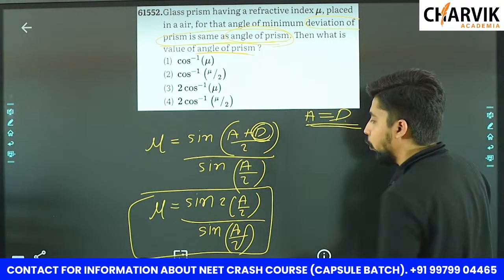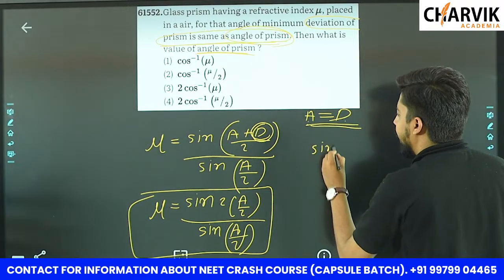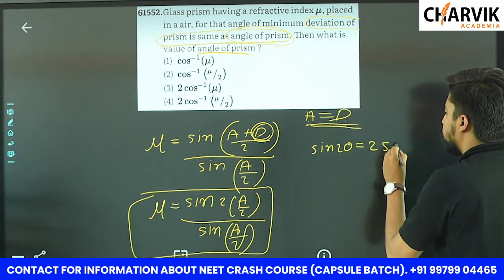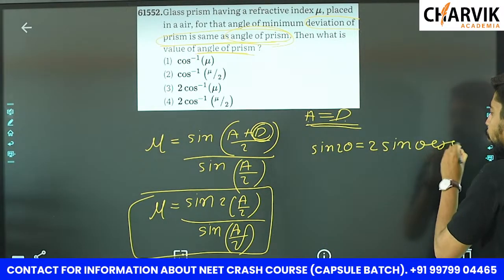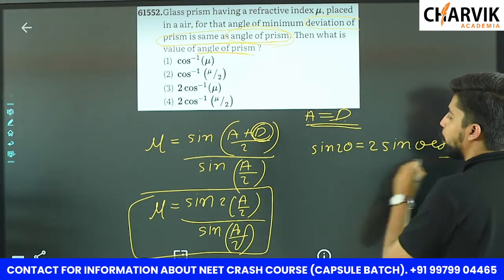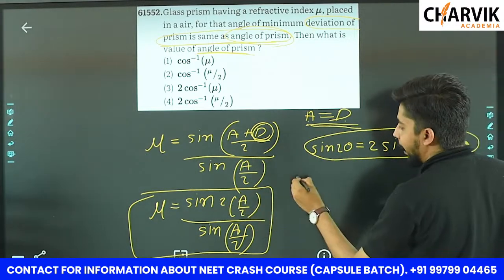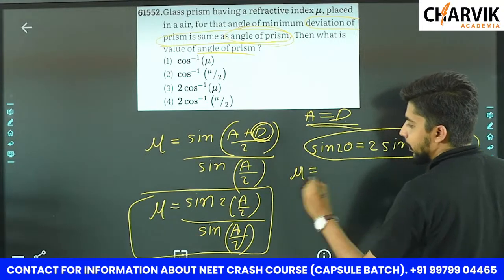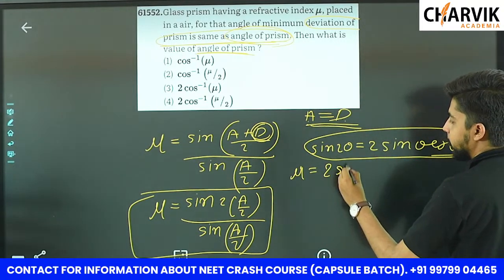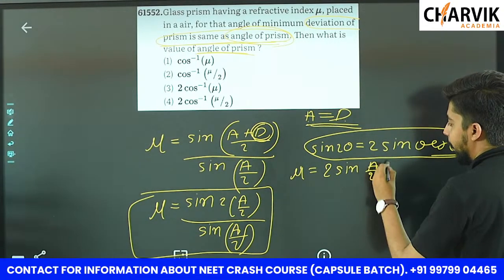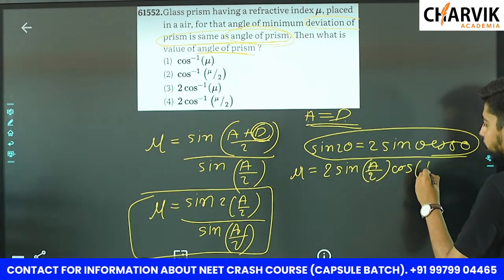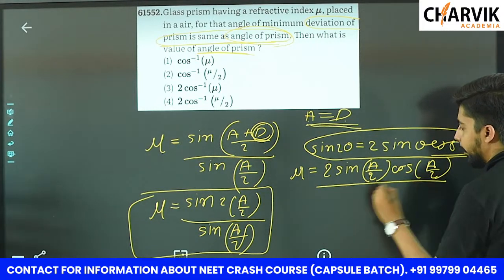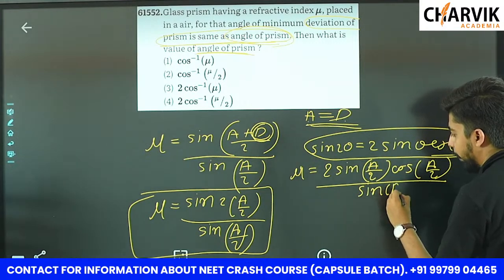There is a trigonometry formula that sine 2 theta is equal to 2 times sine theta into cos theta. So according to this formula, you can write this as mu is equal to 2 times sine A by 2 into cos A by 2, divided by sine of A by 2.